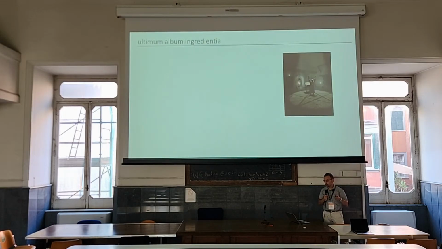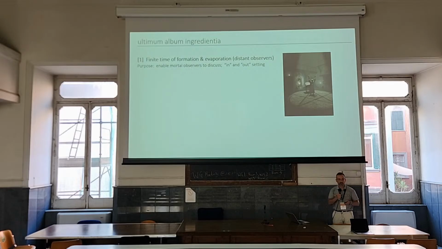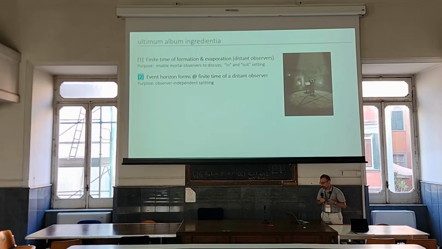So what do we need? And that becomes useful and practical. To discuss the paradox, we need finite formation time, finite evaporation time. We need in states and out states, so we actually can lose information. We need an event horizon, and again, we need it at finite time, not at the end of the day. We're not doing apocalypse, we're doing physics.